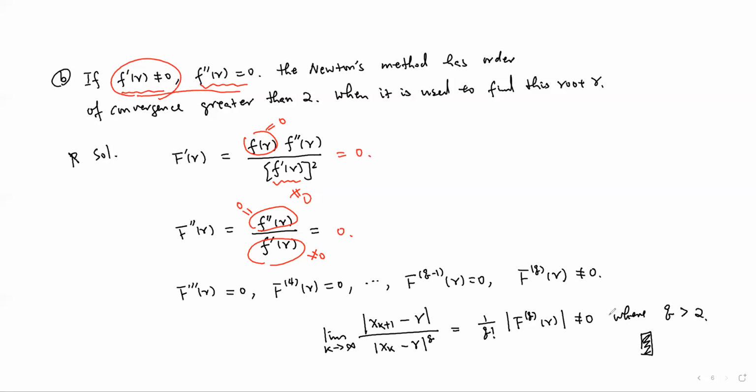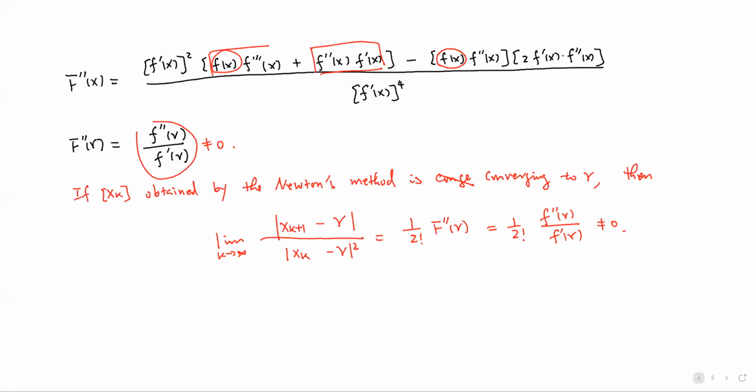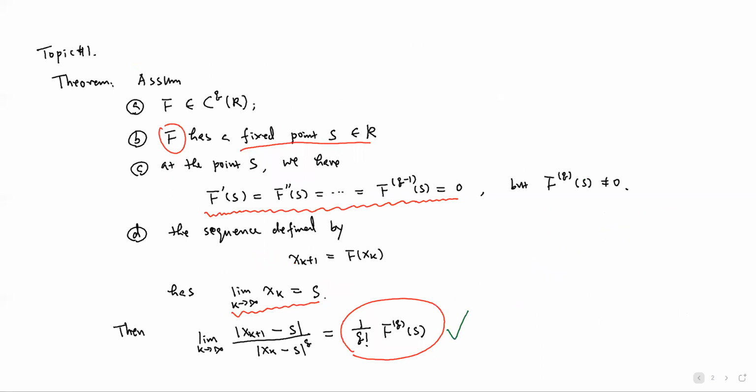Actually, this theorem is very powerful in determining the convergence order for functional iteration methods. Newton's method is one example. There are many other examples, and for those you can also use this theorem to determine the convergence order. This is topic 1.